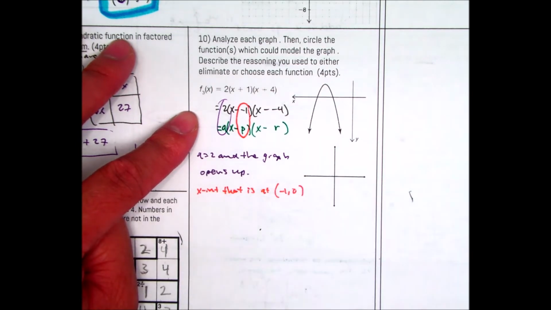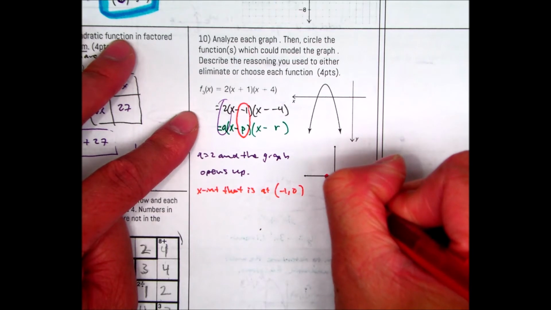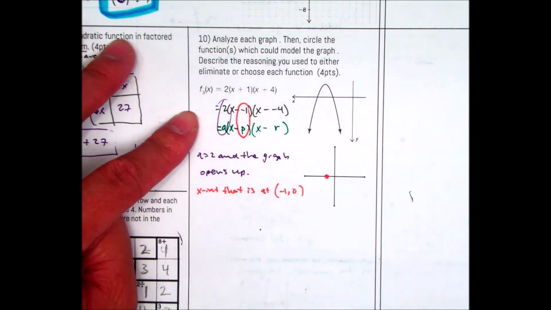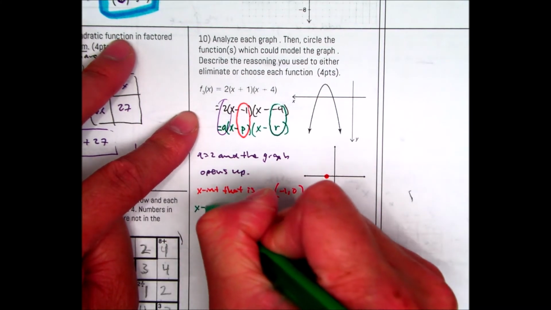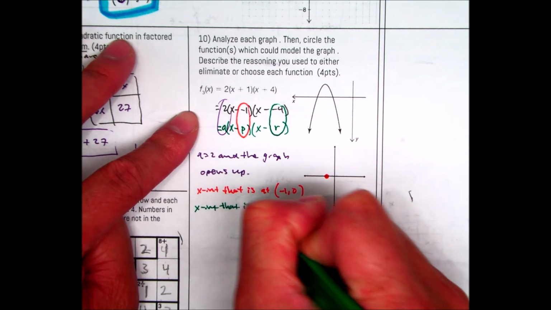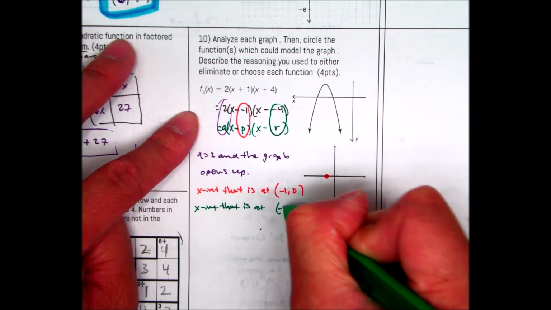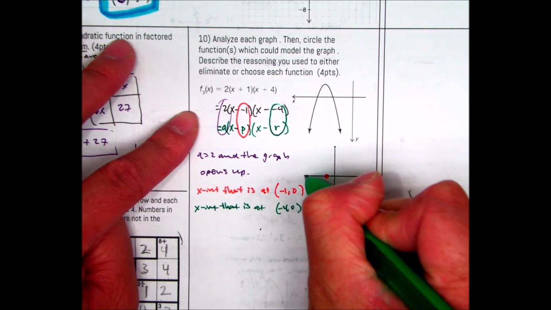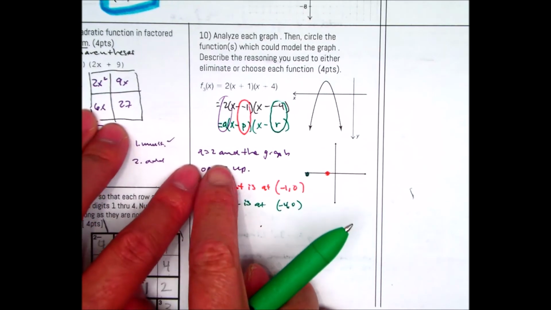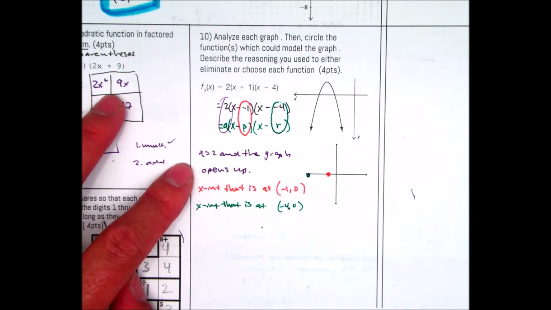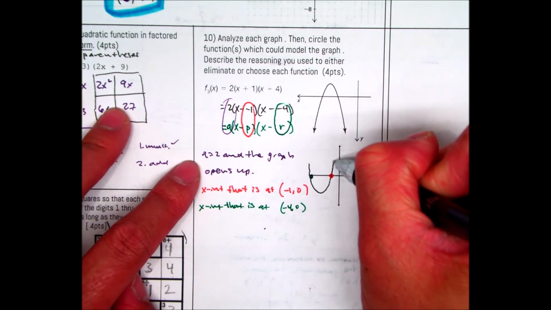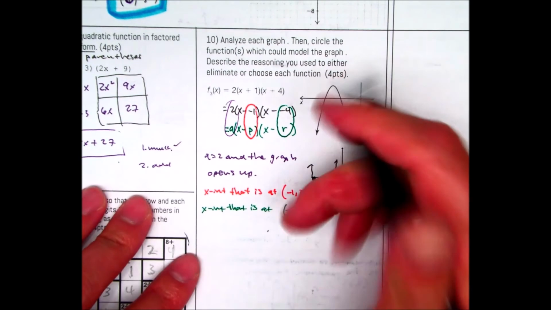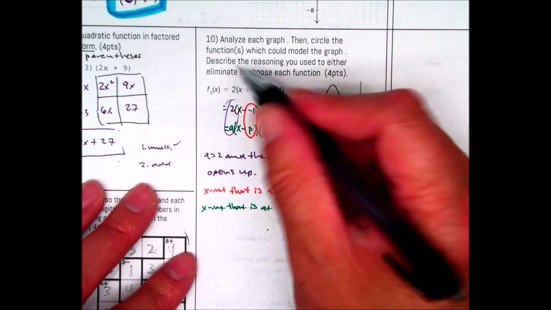So here's negative 1. And this one, x-intercept that is at negative 4, 0. But this one tells me to open up. So now, this is my graph, the example.